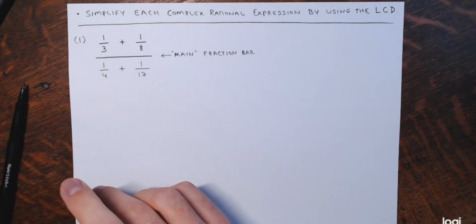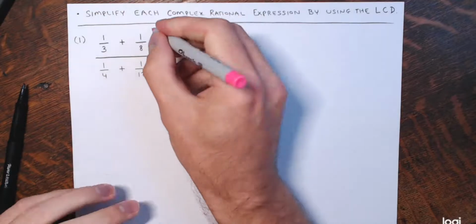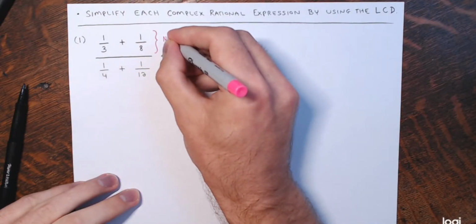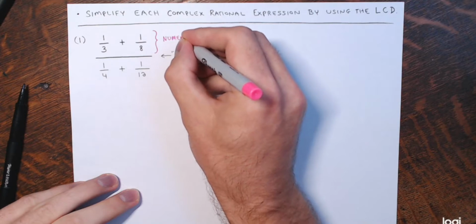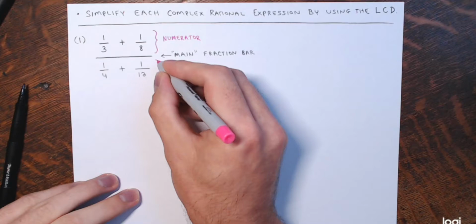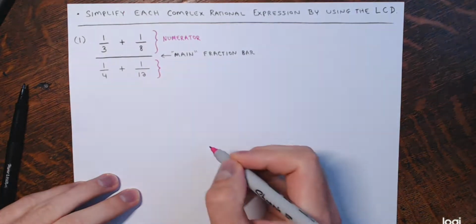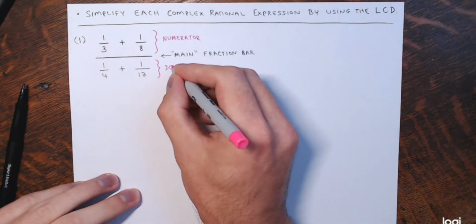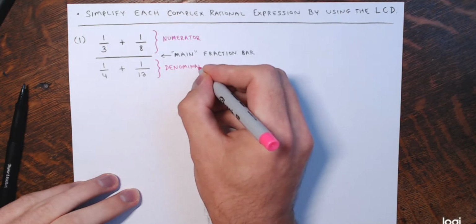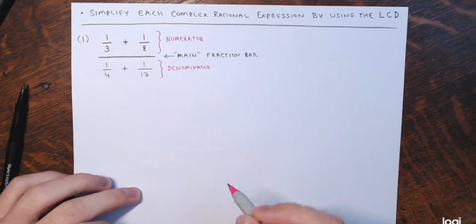Everything above this bar will be considered the numerator of the complex fraction. And everything below this bar will be considered the denominator of the complex fraction.